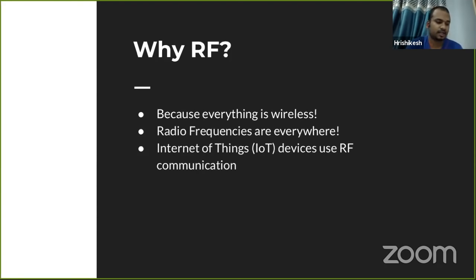Everything is wireless today. So most people think that if it's wireless, people cannot see it, and if you cannot see it, then it could be secure. That is not correct, to be honest, because if you cannot see it, you cannot guarantee that it is secure.